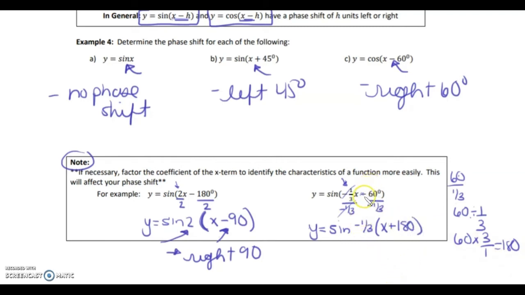So this originally looked like it was going to the right 60, but it's actually going to the left 180. Very much different than the original. This would be a reflection on the y-axis, and this is a horizontal stretch by a factor of 3, just to identify those.